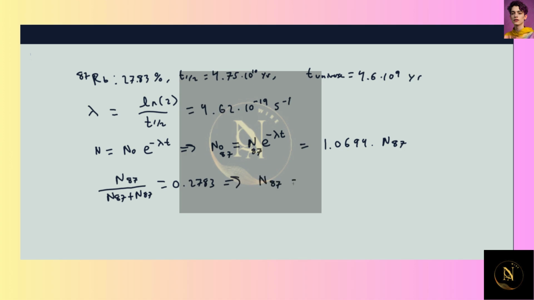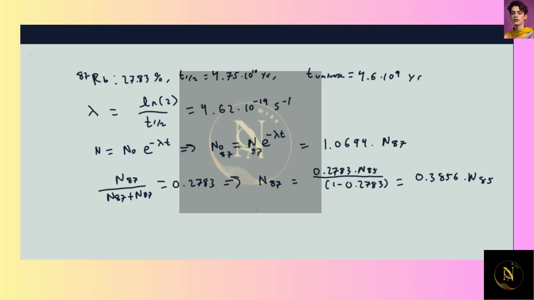Just doing a little bit of algebra, this works out to be 0.2783 times the number of rubidium-85 atoms over 1 minus the same number, 0.2783, which works out to be 0.3856 times the number of rubidium-85 atoms.